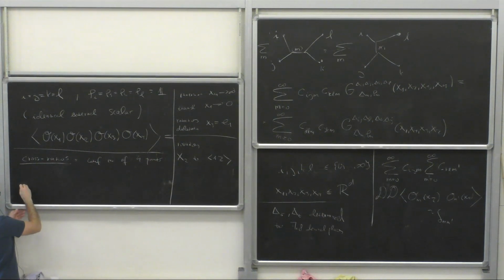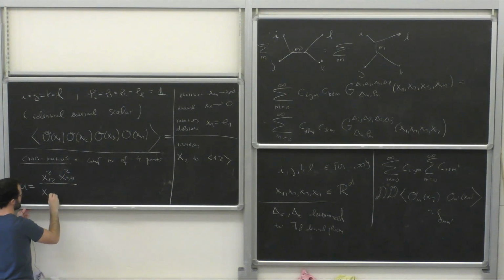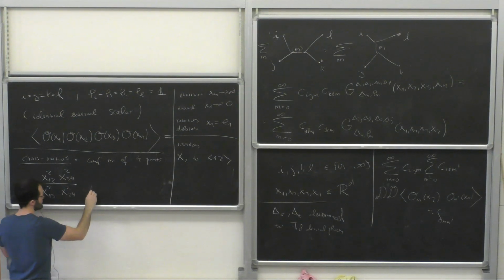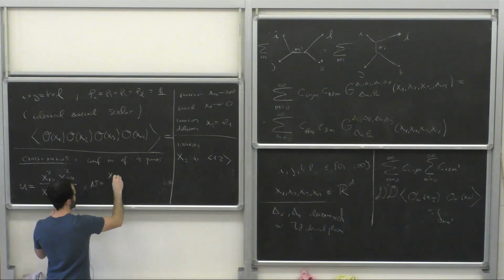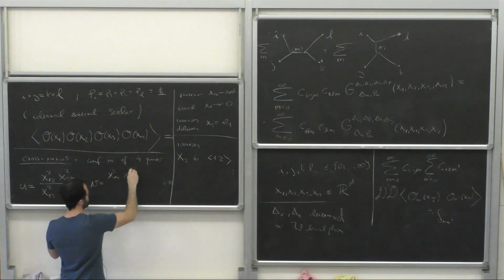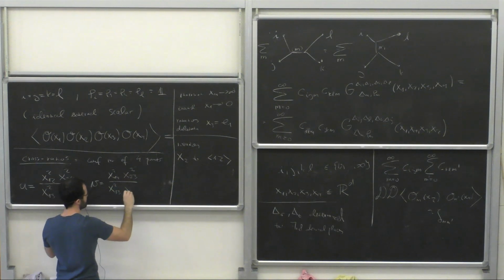And they are usually called u and v. And they take the following form. So this is u. Let me first write it. Now x14, let's say, x23 squared, x13 squared, x24 squared.